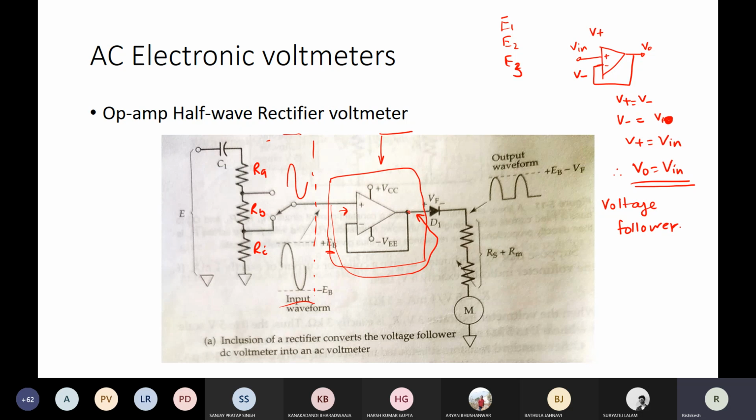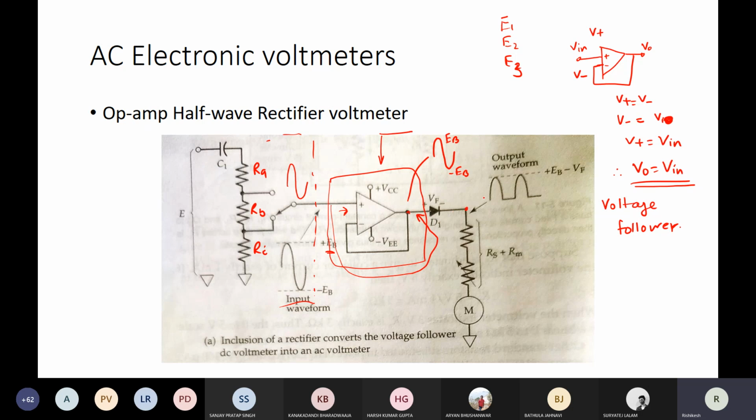Now, when EB appears here, EB is the peak voltage. Remember, what will be the voltage here after the diode? The voltage here is like this only, both positive and negative cycle, EB and minus EB.